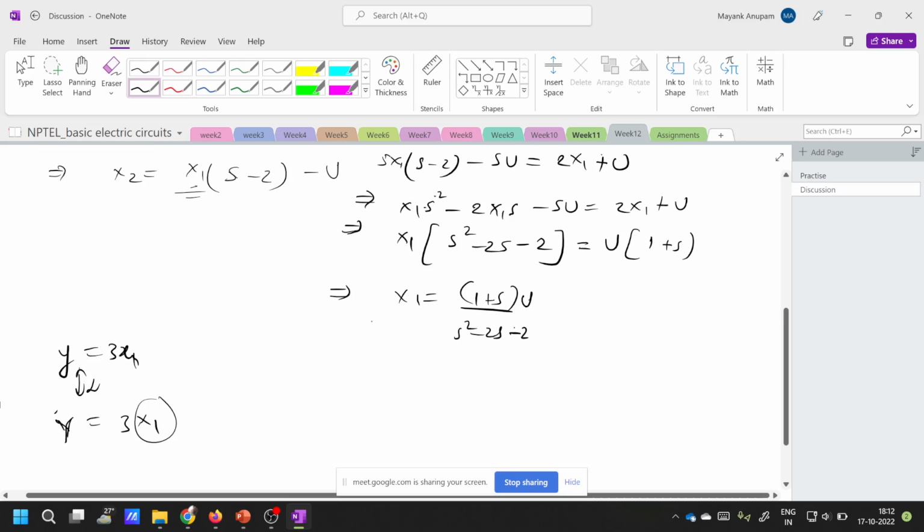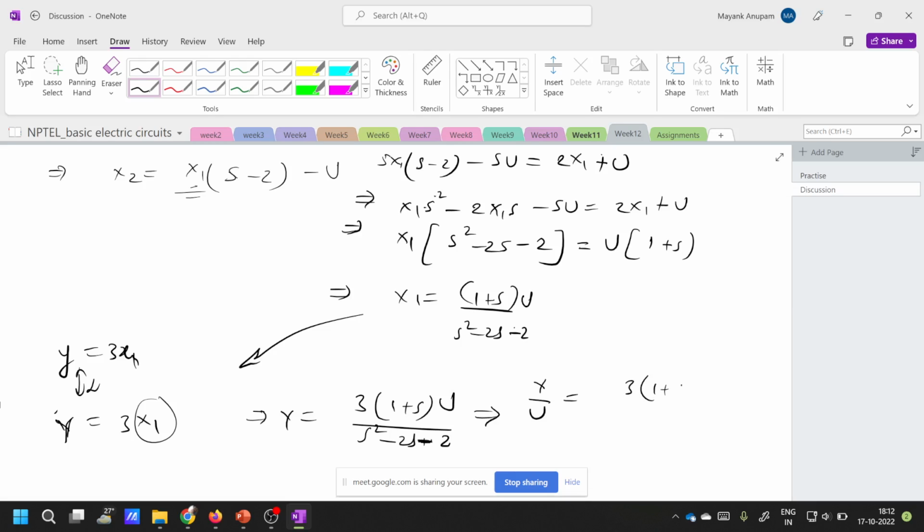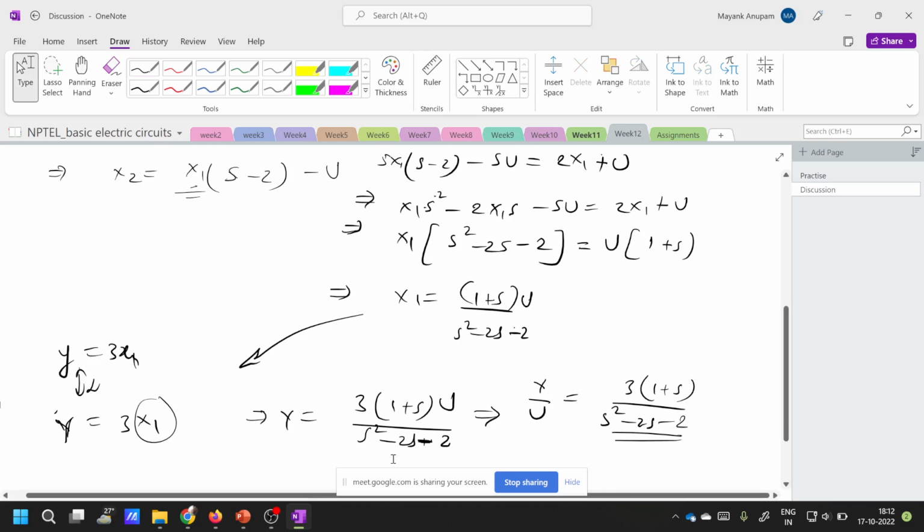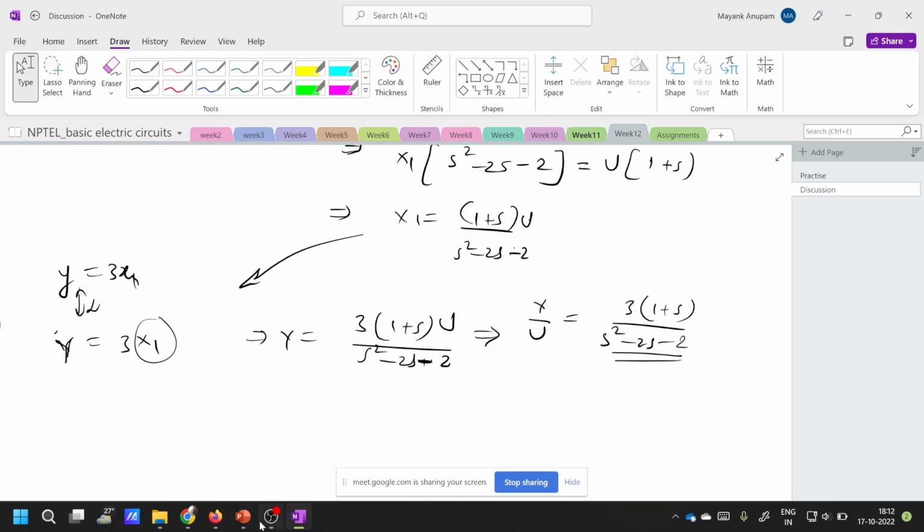So x1 you can put from here, so y is equal to 3 times 1 plus s times u divided by s square minus 2s minus 2, or this gives y by u is equal to 3 into 1 plus s divided by s square minus 2s minus 2, okay? So I guess this is clear for everyone, right?